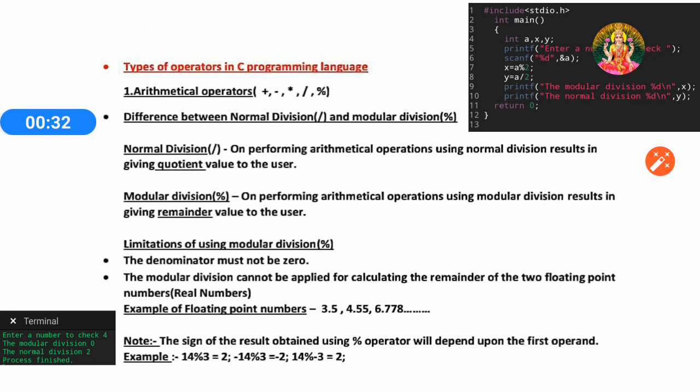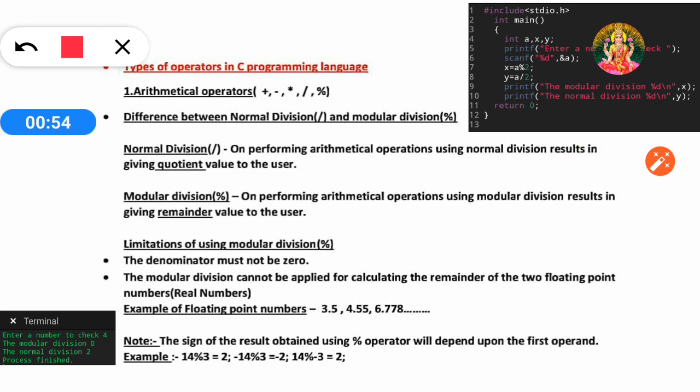Among those operators, there are various types. Among them, one type is the arithmetical operator, and the remaining types of operators we will discuss in later videos. Okay, so let's focus on the concept of the arithmetical operator.